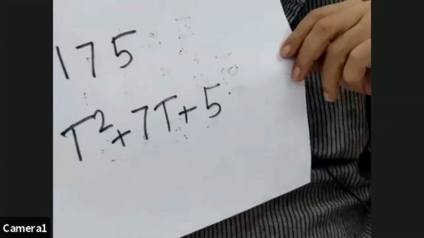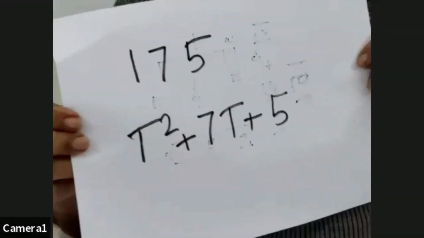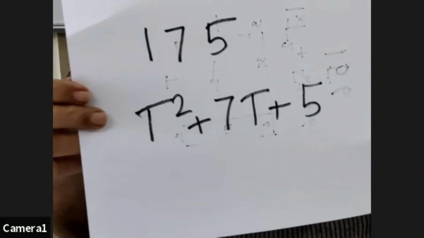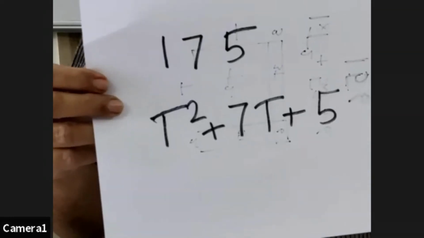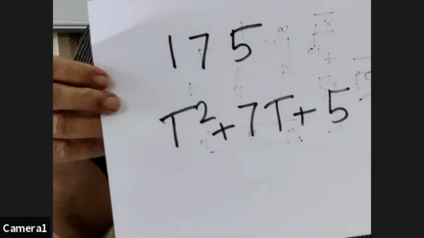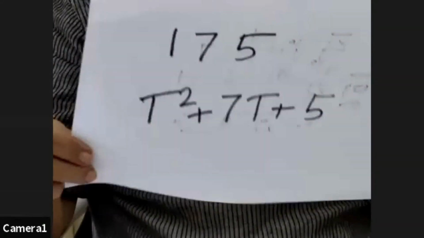Have you written this? t squared plus 7t plus 5. Okay. Now let's write what we had done earlier, also in t language. Remember, we had multiplied 21 by 13.